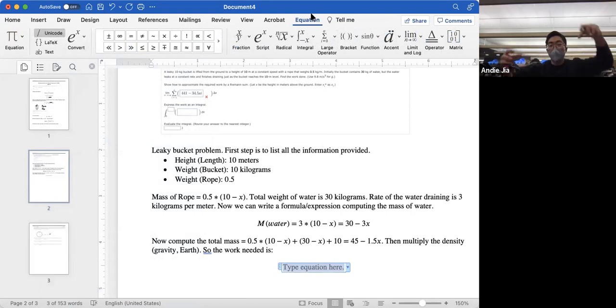If you drain water, it's going vertical, so it's in terms of y. You need to determine the lower bound and the upper bound of y.